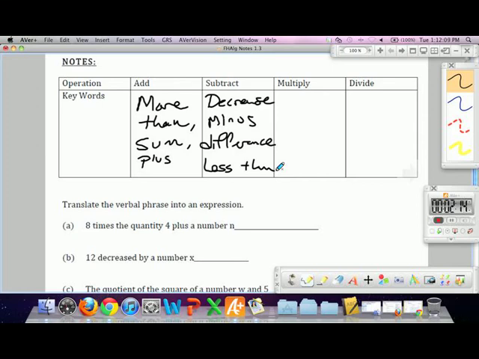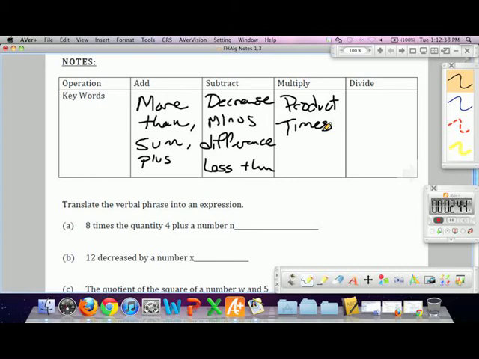Multiply words. What's a common multiply word? Product. Other multiply words. Times. Any other multiply words? That's probably it.